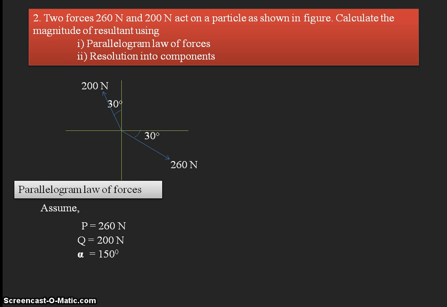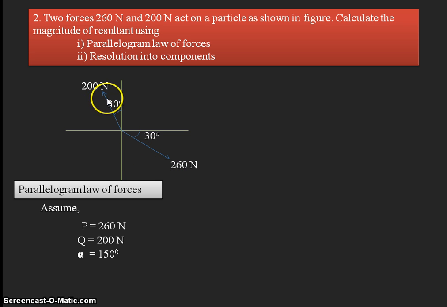Okay, so next the inclination alpha, that is, alpha is 150 degrees. So 150 degrees, alpha is 150 degrees. Why it is 150 degrees: by the parallelogram law of forces, here we need to assume these two forces are the two adjacent sides of the parallelogram.